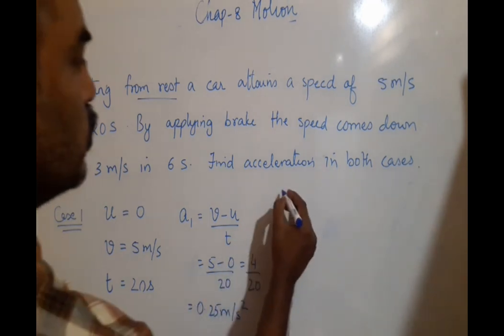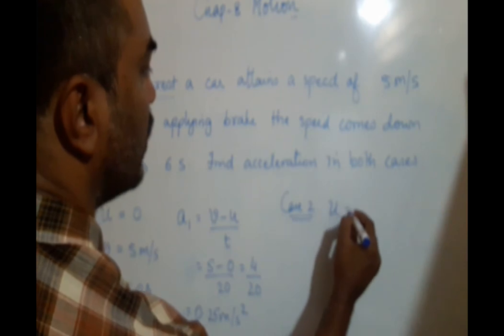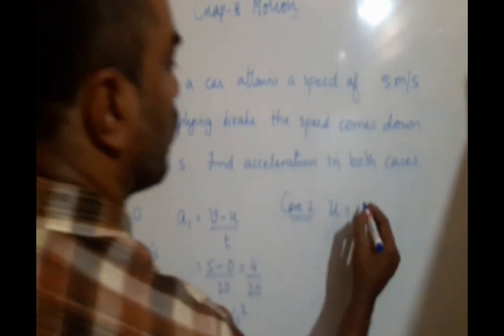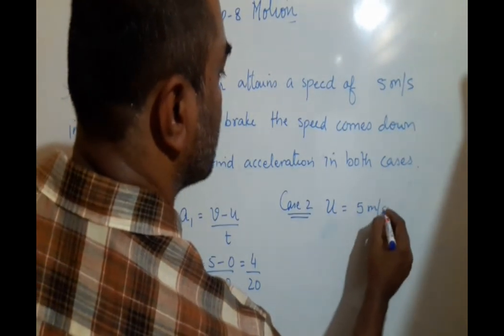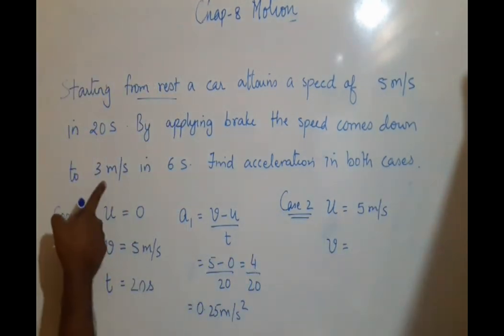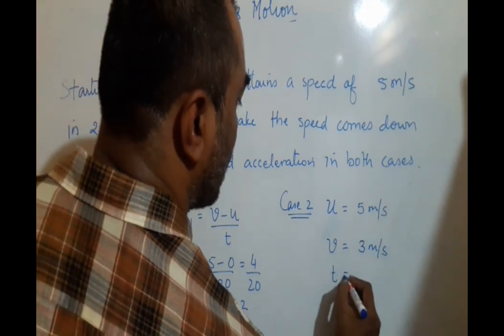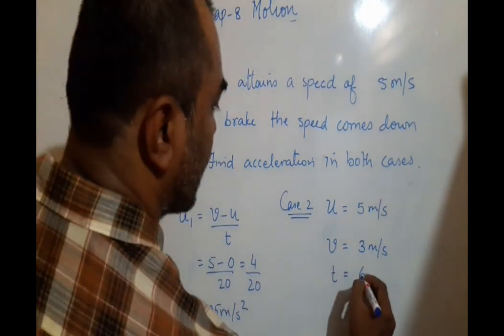Now for case 2. In case 2, the car is now traveling with the speed of 5 meter per second. By applying the brakes, the velocity is decreasing and becoming 3 meter per second. The time taken for the decrease is 6 seconds.